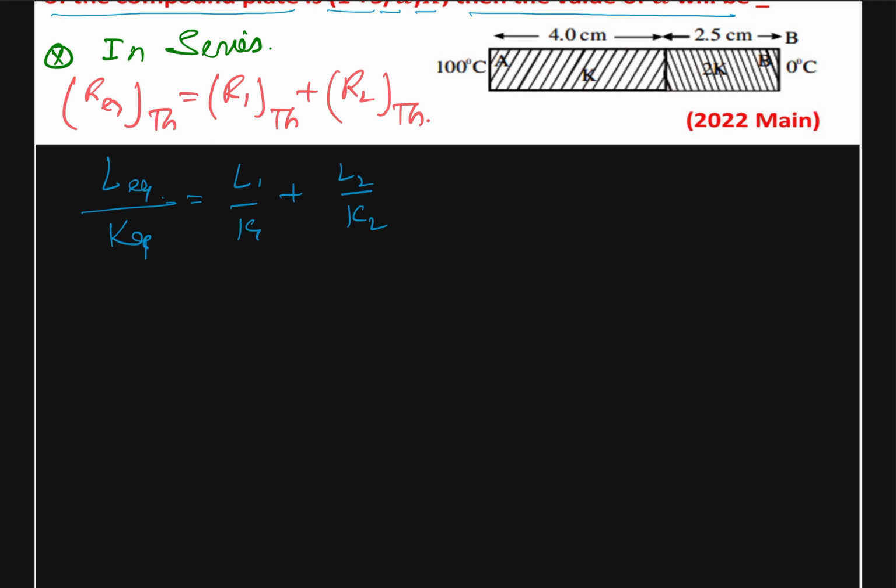And here this is our L1 and this is our L2. Accordingly we have K1 and this is our K2. So we get L1 is 4 and K1 is K, plus L2 is 2.5 and this is 2K.